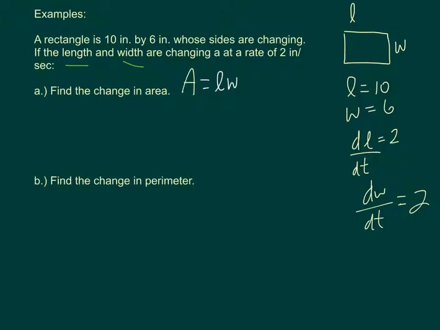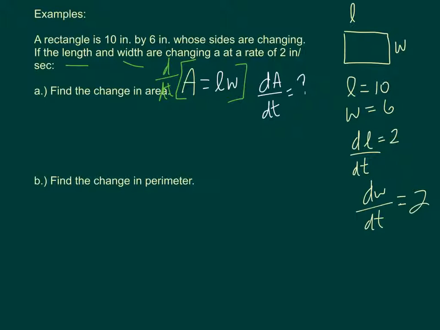So if I want to find the change in area, I want to know the change in area with respect to time. This is what I'm trying to find. So I'm going to have to take the derivative of my equation with respect to time in order to get this.